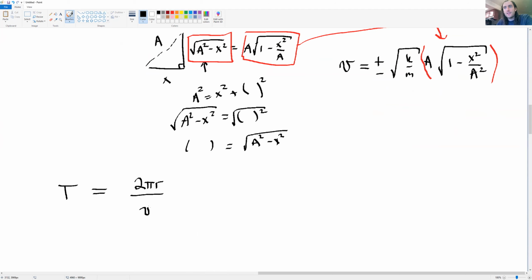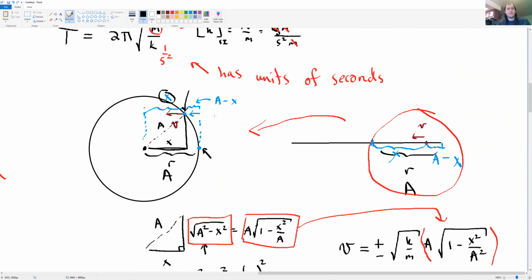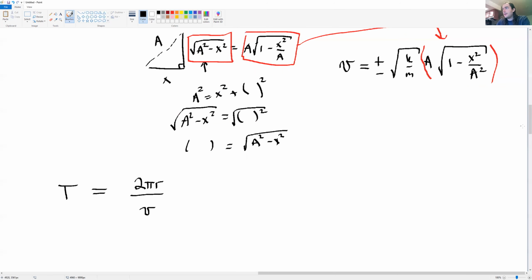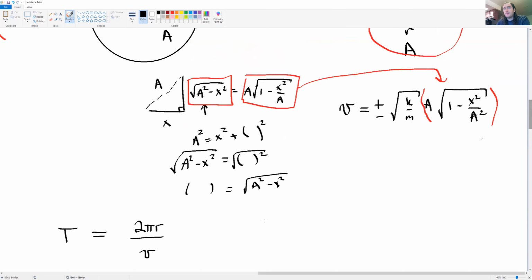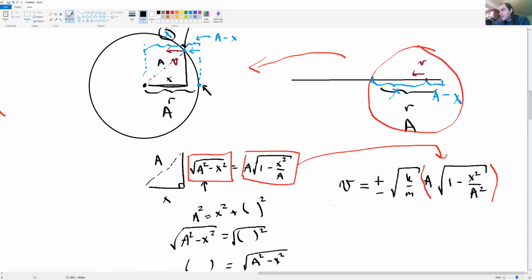Divided by the speed that you go around the circle, provided the speed is constant. Okay, what's the speed that we go around the circle here? I don't know what the speed is. I just know that the speed here in our spring mass system changes, right? Here's our spring mass system. The velocity changes. Here it is right here. It depends on where you are. It depends on x.